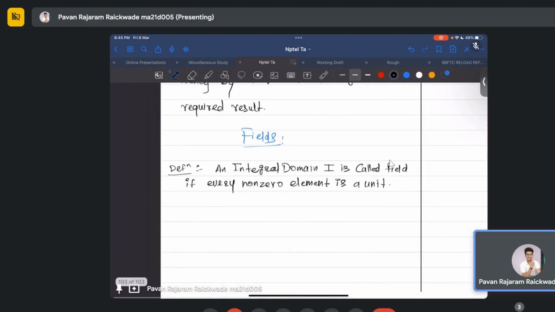Basically, for any non-zero element, you have a multiplicative inverse. That's the definition. So, I'll give one proposition, which is also an example. Every finite integral domain is a field.